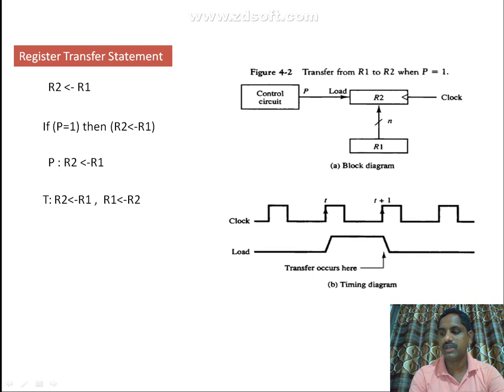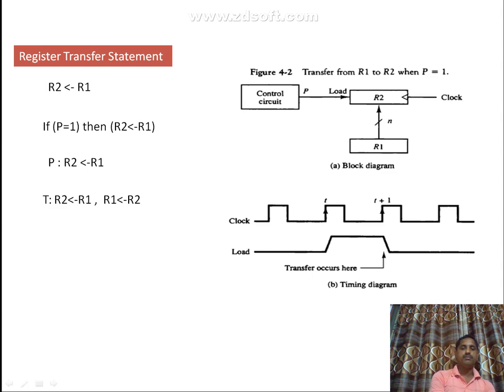This can be shown by means of an if then statement. If P equal to 1, then R2 to R1, where P is a control signal generated in the control section. As in a programming language, if the condition is true, then it will be transferred, otherwise it goes to the else statement.